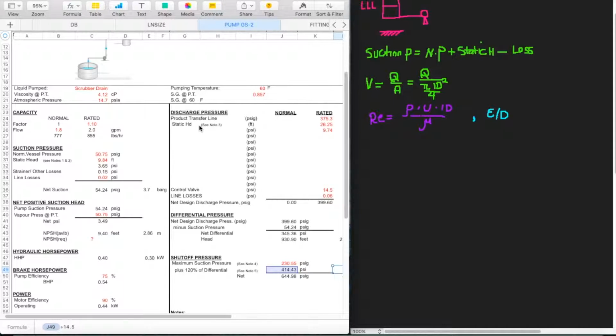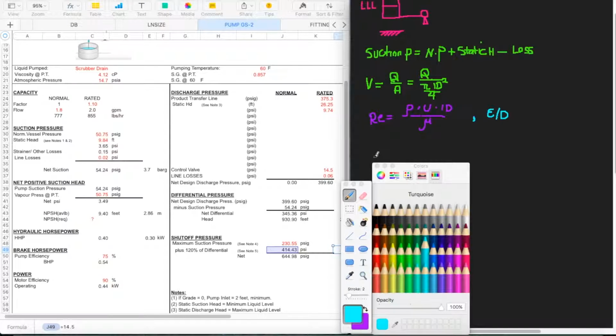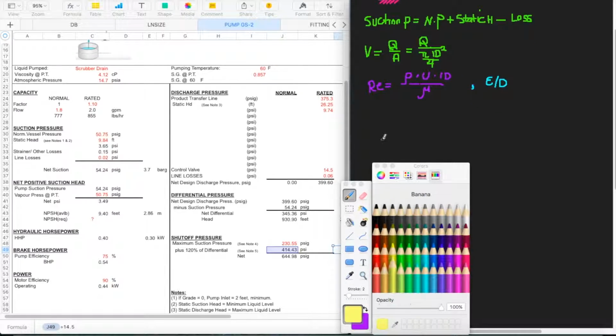Okay, so we want to calculate net positive suction head. What is net positive suction head? So we know that another important factor for a pump is net positive suction head, and it is nothing but suction pressure minus vapor pressure.